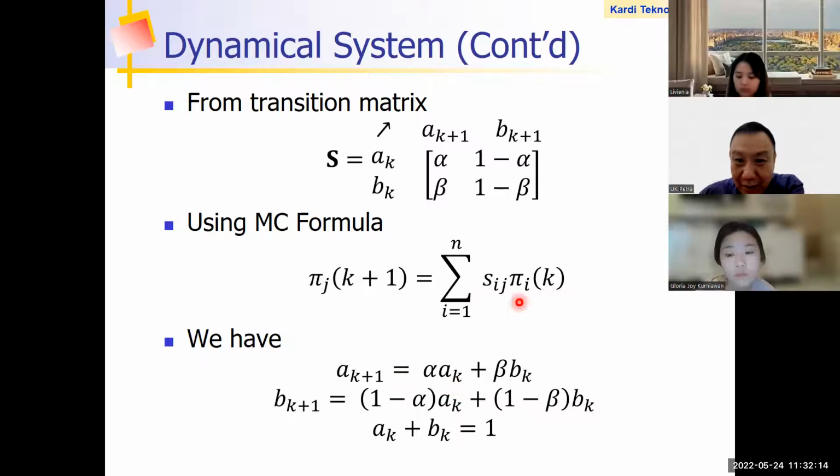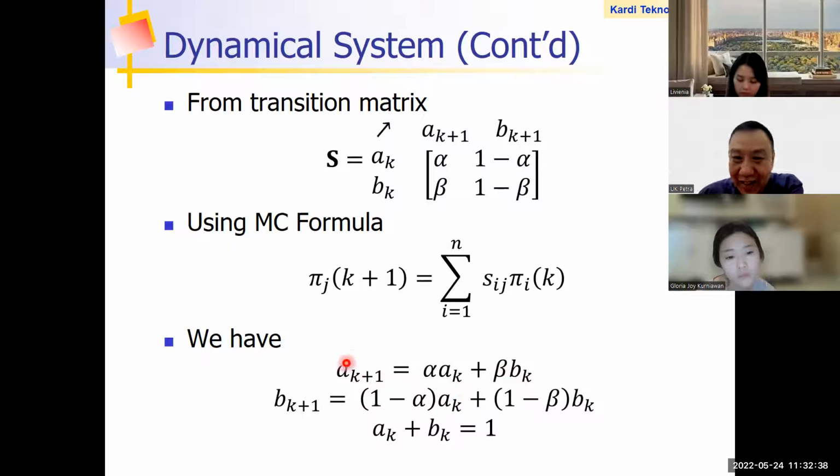And then times V_i, which is this one, right? And remember we sum it over all rows, i equal 1 to n, I mean the rows, right? So that means beta, S_ij again, multiplied by V_i, which is B_k.